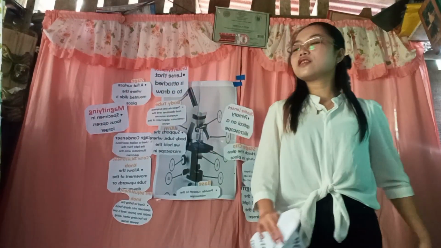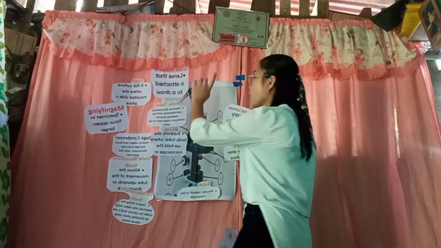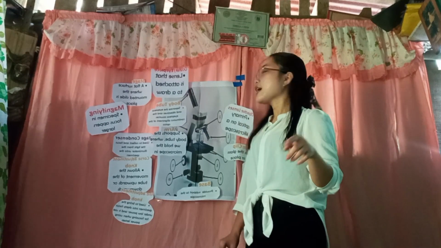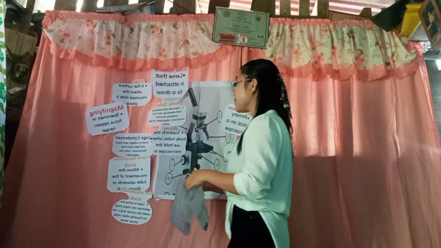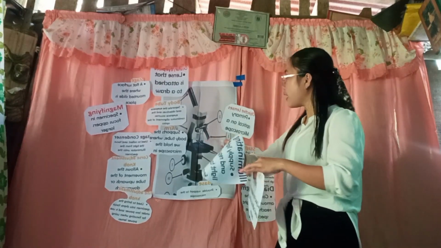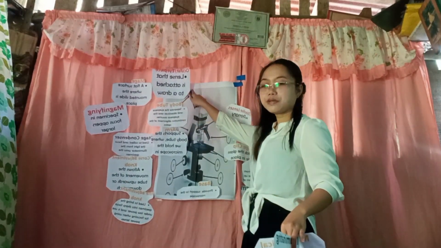So, what is under the magnifying? First is the ocular, also known as the eyepiece. This part is the lens that is attached to a draw tube. As you can see, here is the ocular or eyepiece.